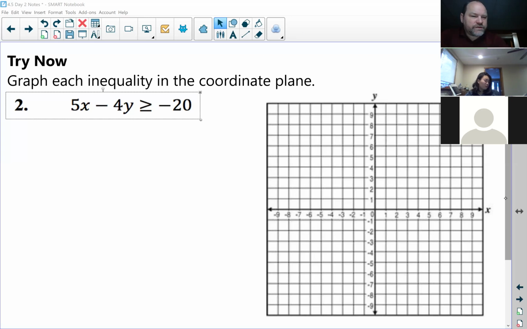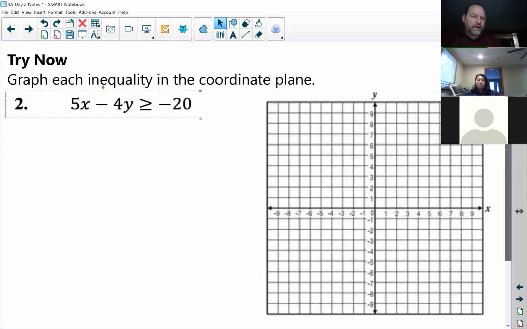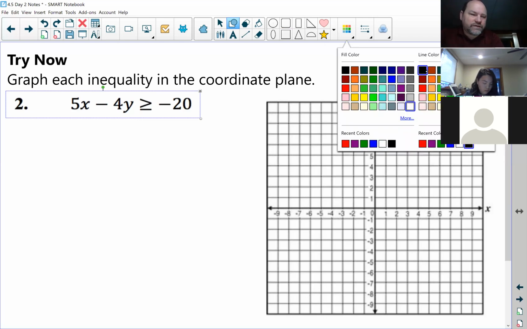All right, 10 more seconds. All right, so the cover-up method wins again. And actually for both of these, it probably is the method I would use, because again, that y term has a coefficient other than 1 in front of it.